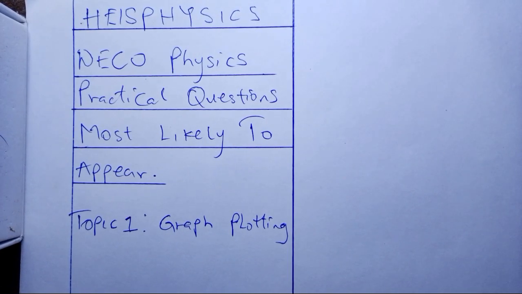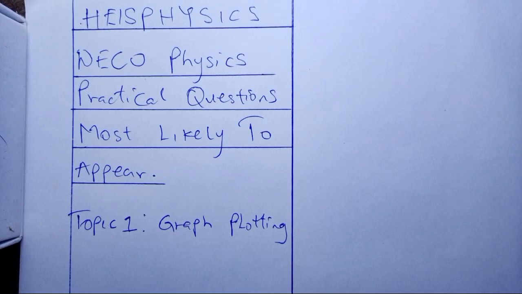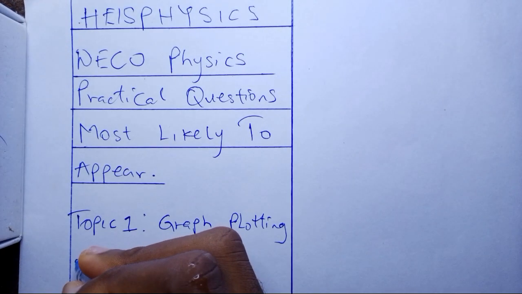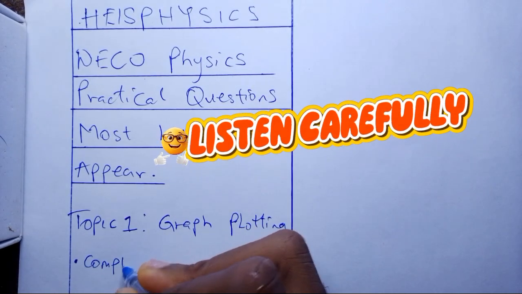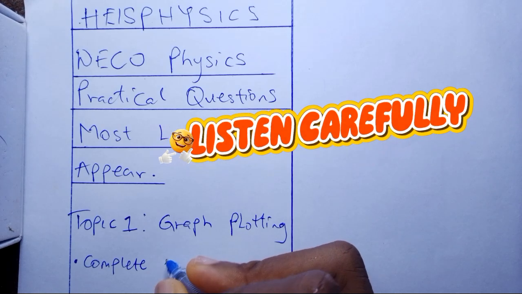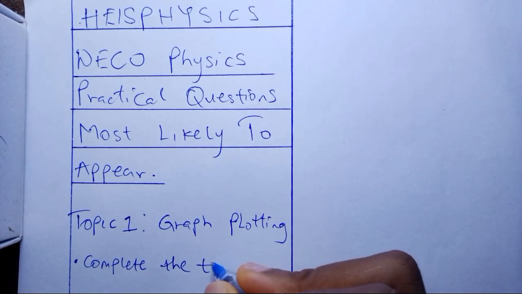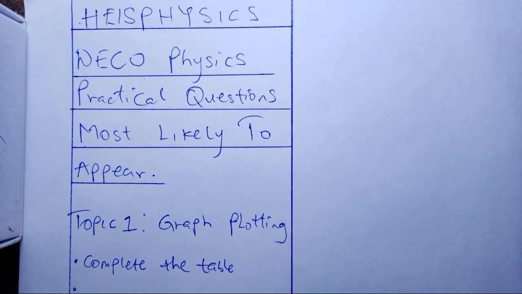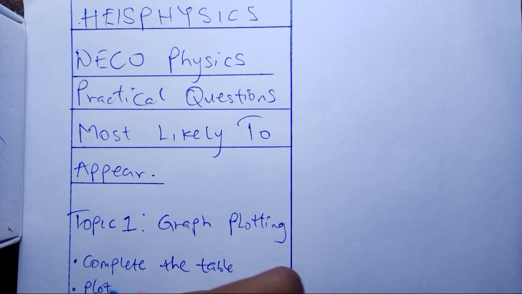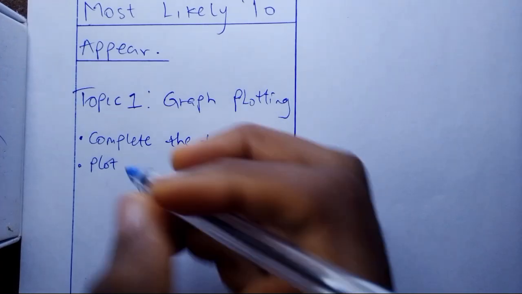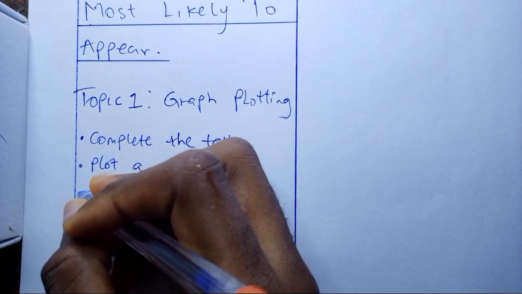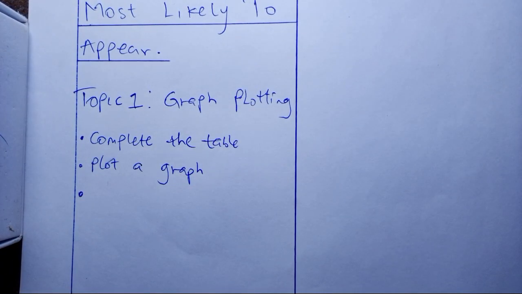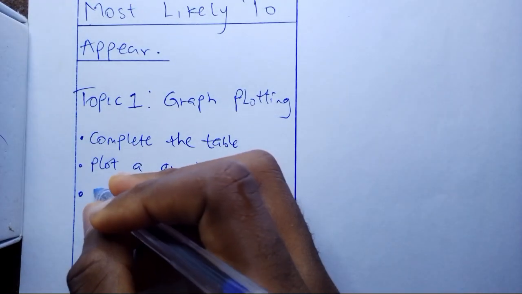Take note. Students are usually given a table containing measured values and are asked to, number 1, complete the table. Two, plot a graph. Three, draw the best fit line.